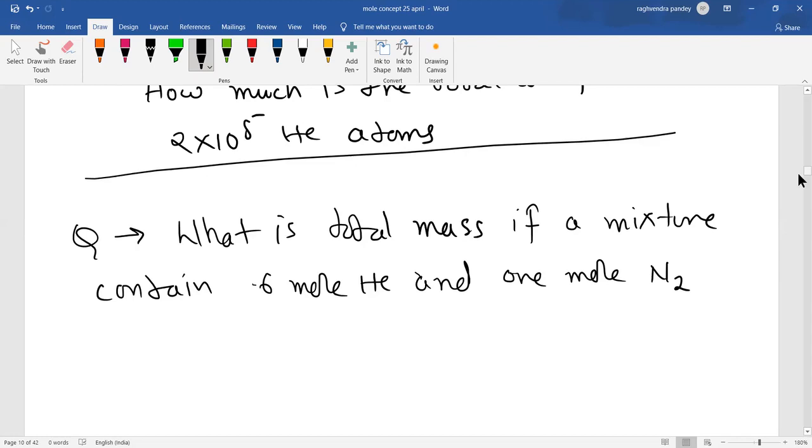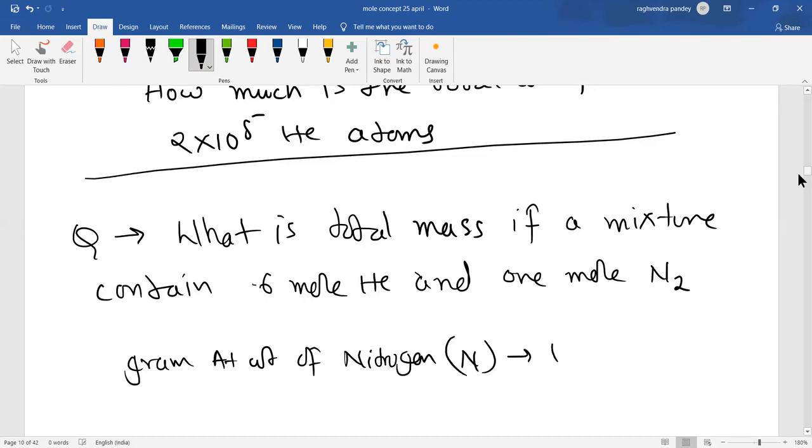The gram atomic weight of nitrogen, that is N, is 14 gram, that we did earlier.